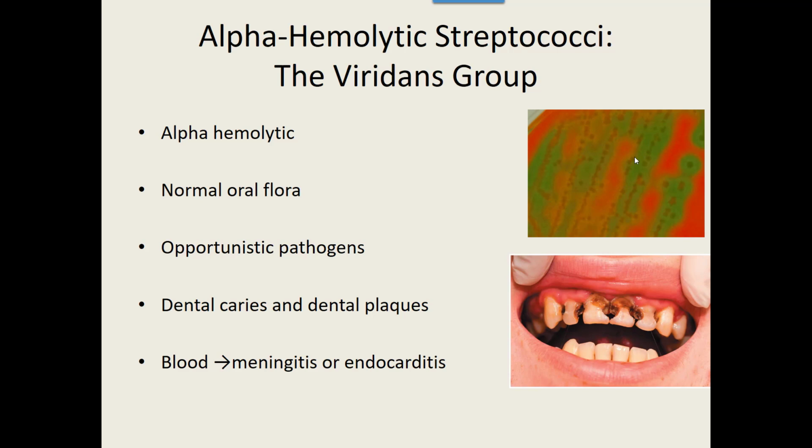They, however, can become opportunistic pathogens, usually if they get into open wounds and if you're immunocompromised. These bacteria also, because they're hanging out in the mouth, are eating what you're eating and producing acid and can cause those dental caries or cavities and dental plaque. Our big concern is if any of these bacteria get into the blood supply, they can lead to meningitis, they can lead to endocarditis, usually in elderly immunocompromised patients.